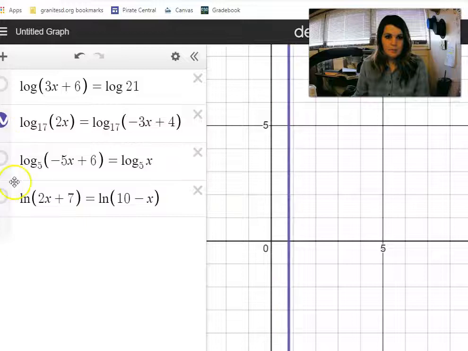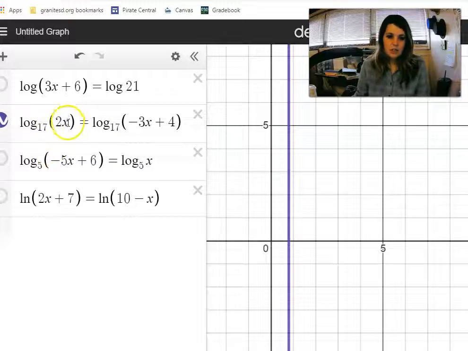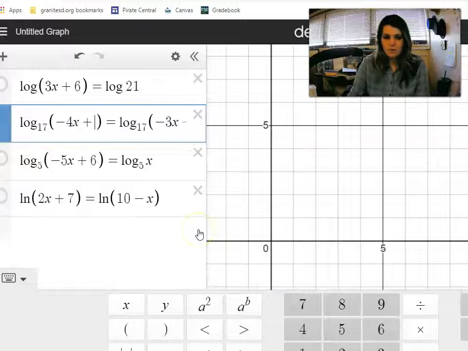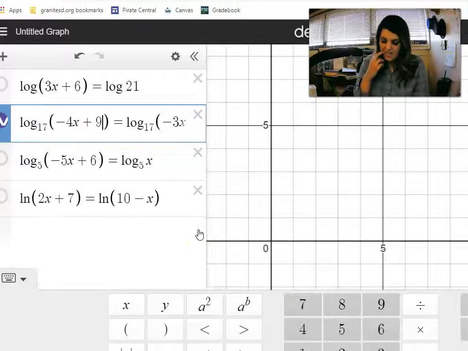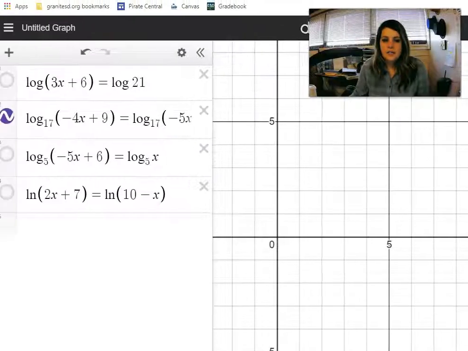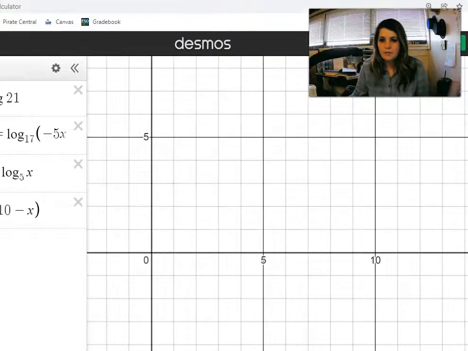So I'm just going to use this log base 17 that I already have written down. If you need to start a new one, go ahead. But I'm plugging in log base 17 of negative 4x plus 9 equals log base 17 of negative 5x. And then I'm going to go over to my graph and look for the line.